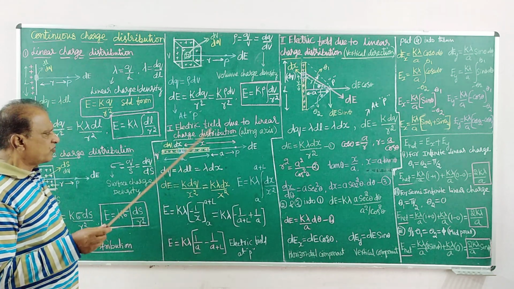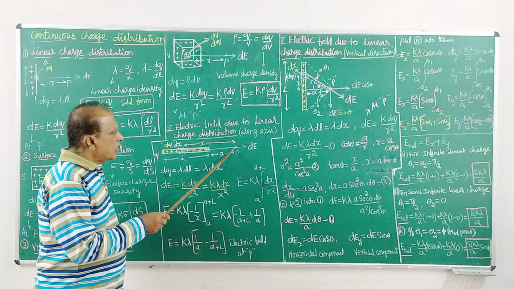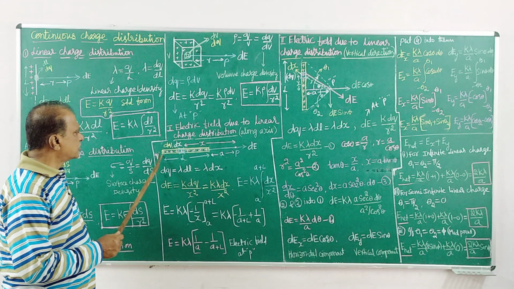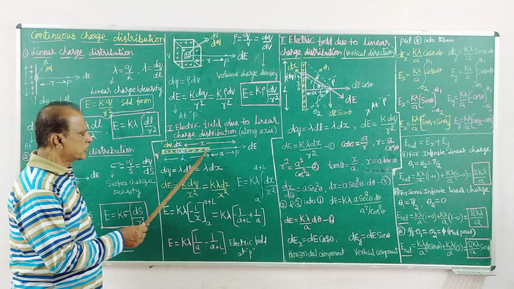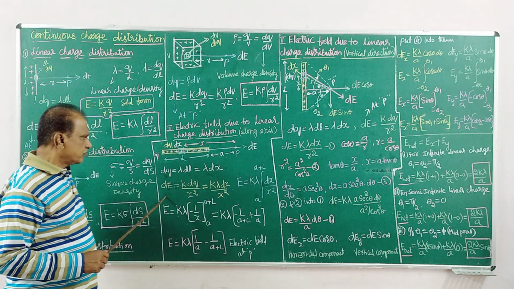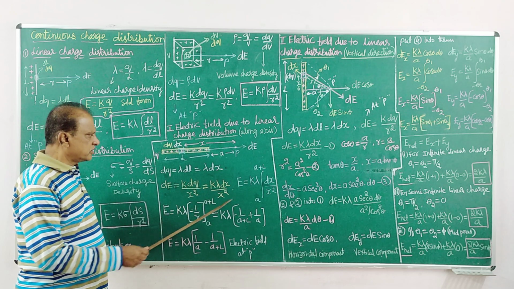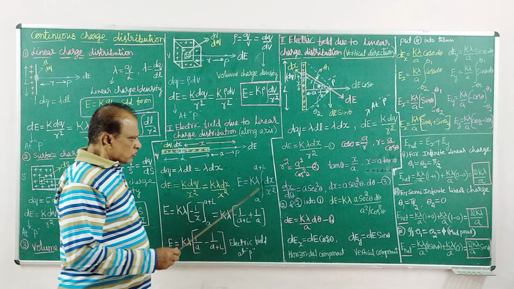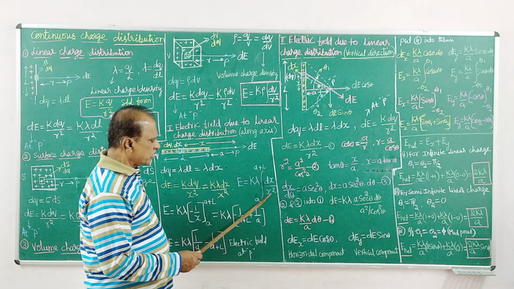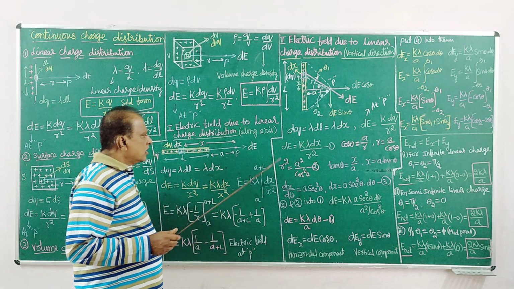What is the equation for a finite change? What is the equation for the net electric field at this point by the entire charge accumulated here? We get it by integration of the equation. Integration on the left hand side is this, integration on the right hand side is this. This is constant. The remaining is the integral of dx by x square with limits from a to a plus L. Why limits a to a plus L?